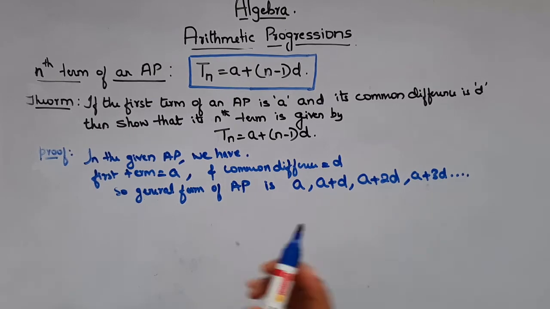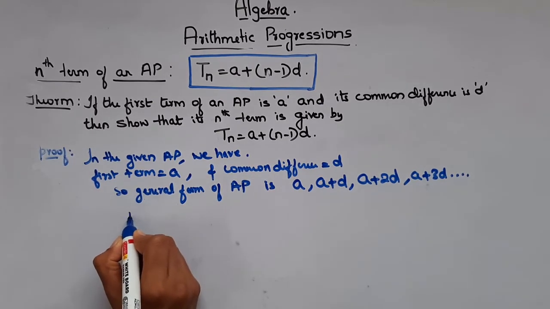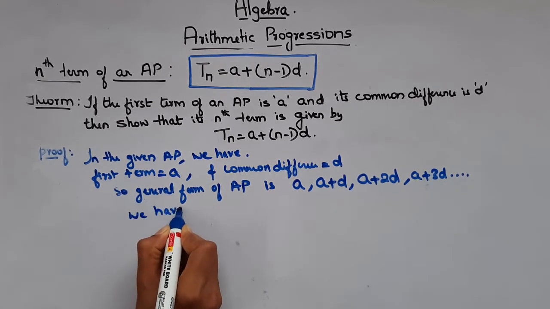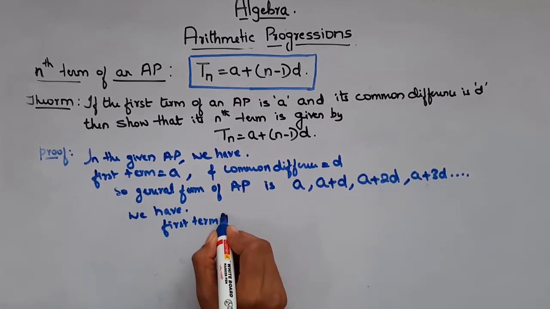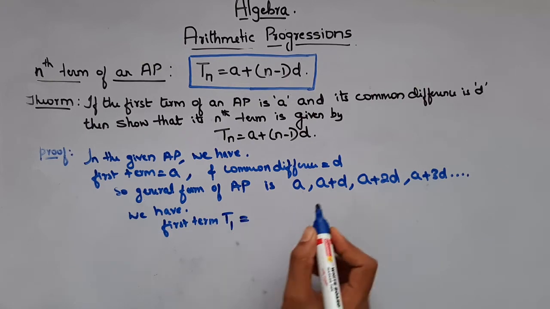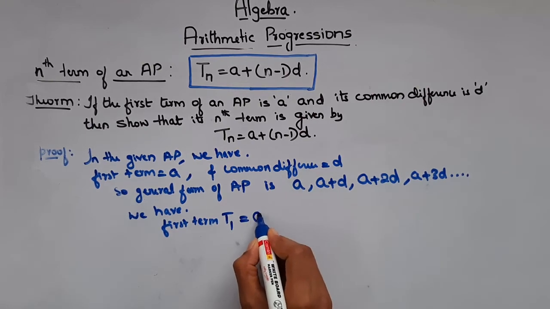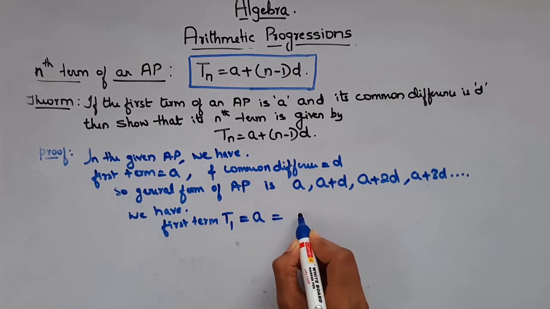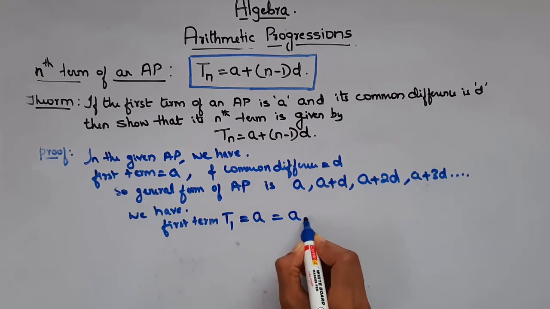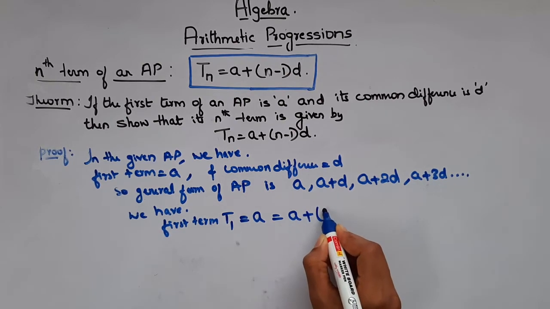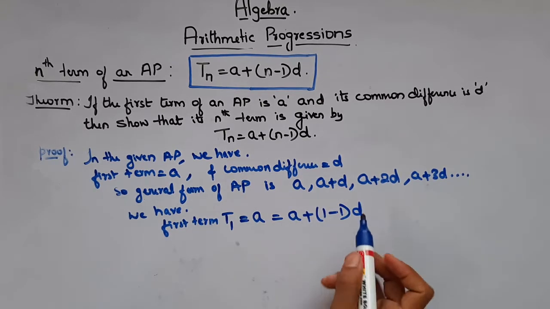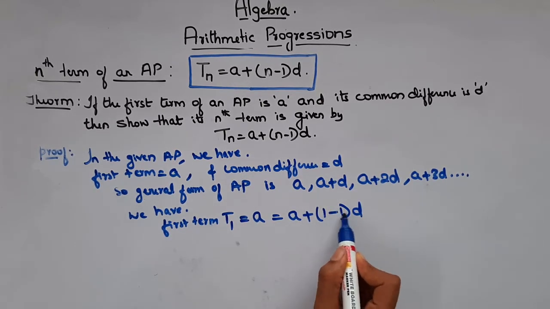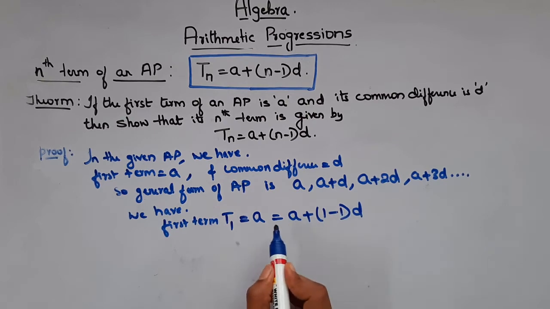So in this AP we have the first term, which is denoted as T1. Here T1 is a, so a can be written as a + (1 - 1)d. Agreed? 1 - 1 is 0, 0 into d is 0, so we are left with a.